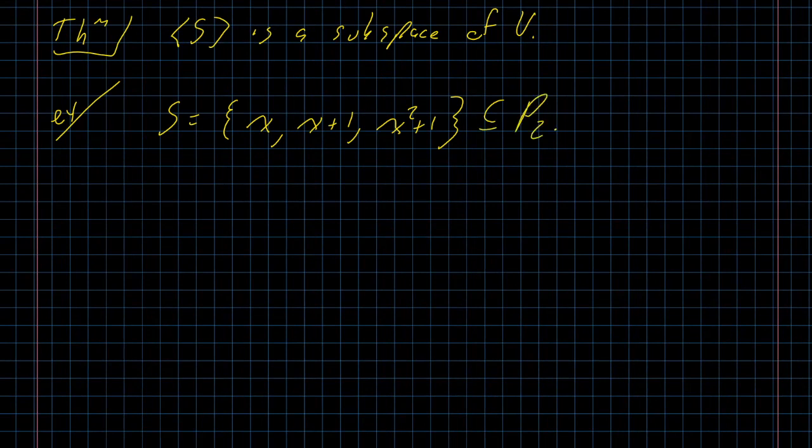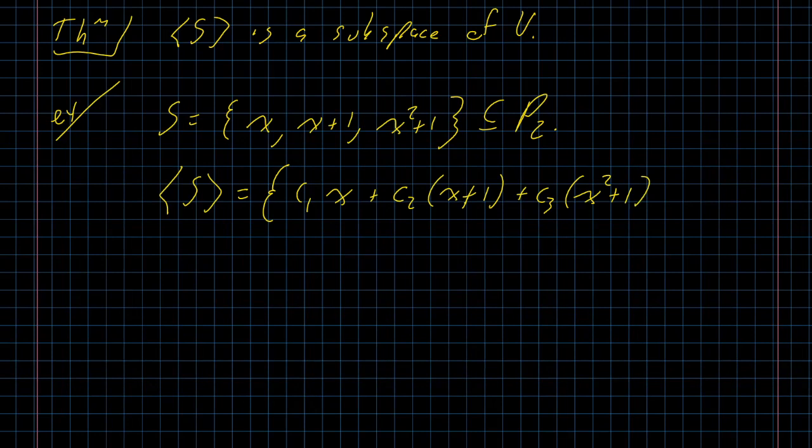So for example, if I take a set of a couple of vectors, x, x plus 1, and x squared plus 1 as a subset of P2, then the span of S is the set of all vectors c1 times x plus c2 times x plus 1 plus c3 times x squared plus 1.